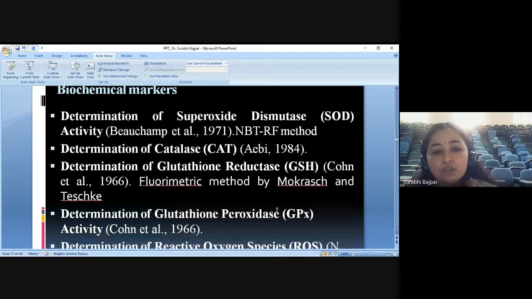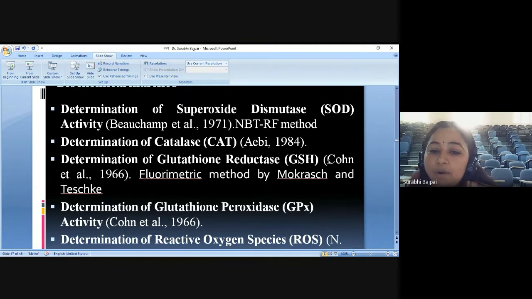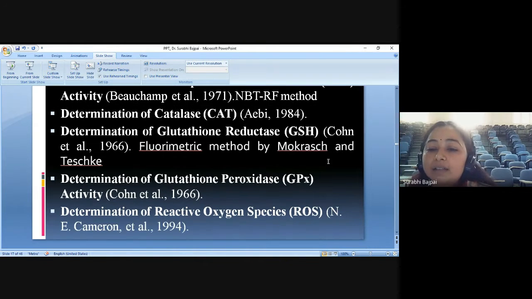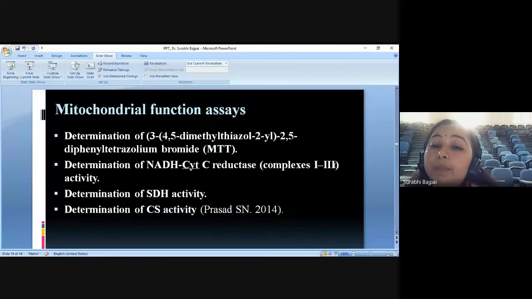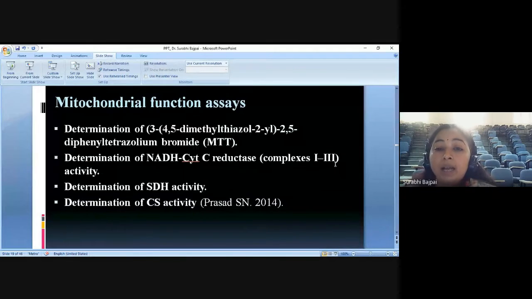Next, our target was to assess the oxidative stress in terms of the different antioxidant enzyme levels, and this was done by determination of superoxide dismutase, catalase, glutathione peroxidase, GPX, and reactive oxygen species. Not only this, but we also looked at nitric oxide production, lipid peroxidation, redox and reductase activity, and also acetylcholinesterase activity in the different brain sections.